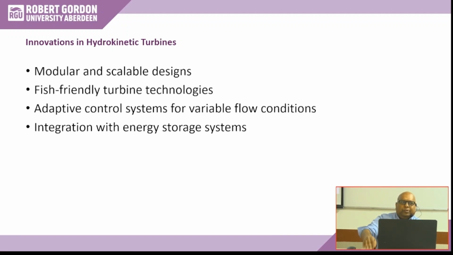So if you want to keep your tip speed ratio constant, you have to have a control system that will continuously change either torque or pitch angle to give you the maximum efficiency all the time whenever the flow condition changes.